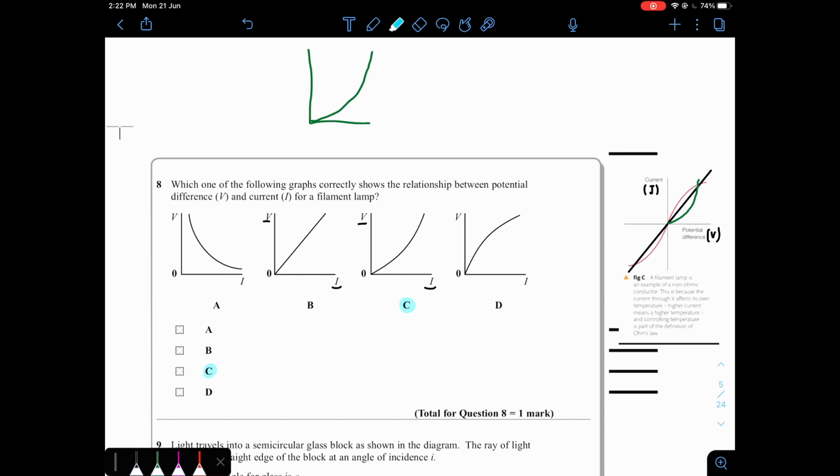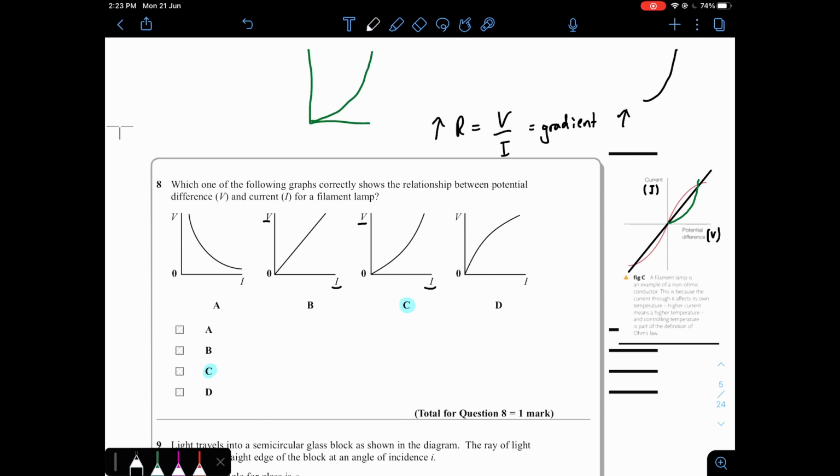Now we know that R equals V over I, so that's basically the gradient of this graph. If the resistance is increasing, that means the gradient is also increasing. That means it's going upwards, and the only graph that goes upwards is C.